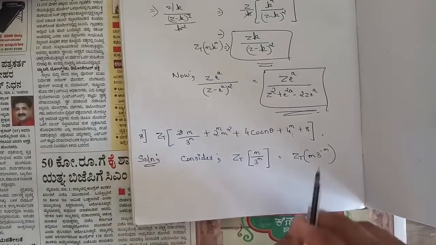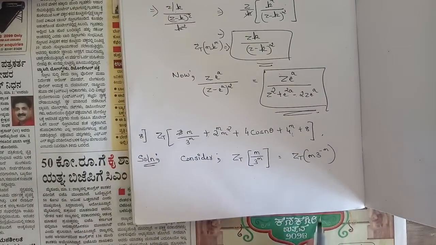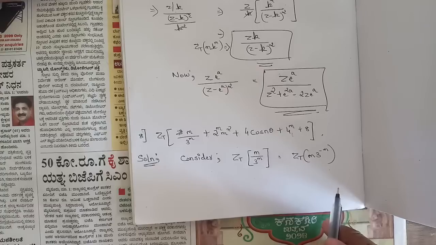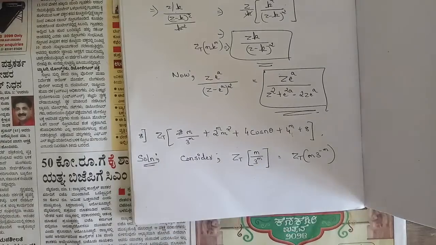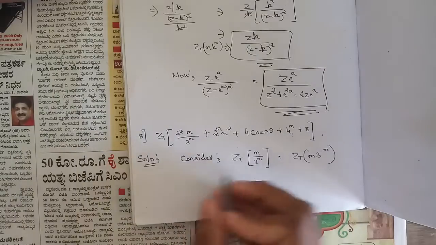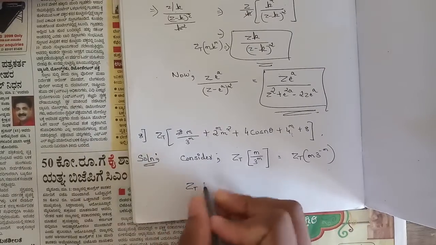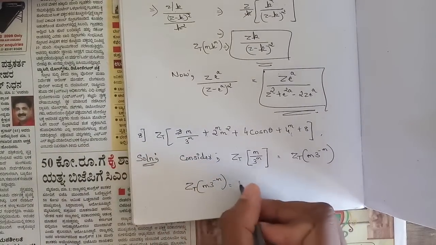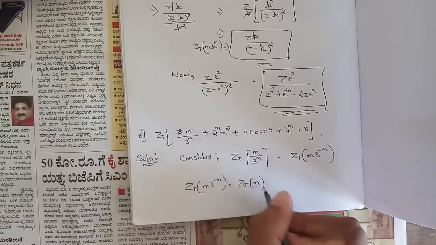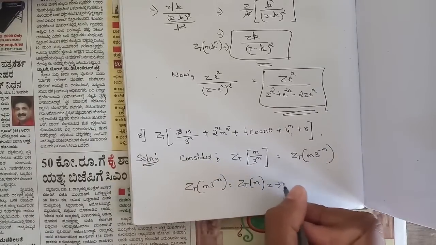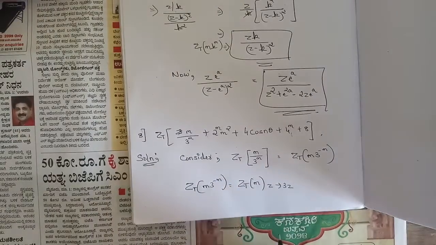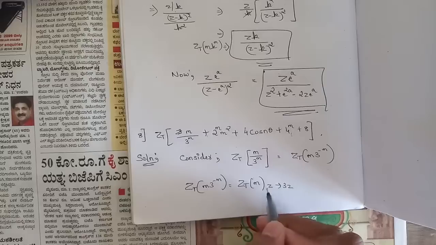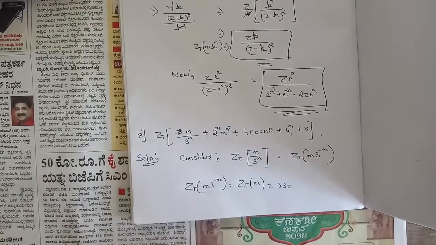So now we have a damping rule for this, that is Z transform of n into a power minus n. For that we have one rule, that is, let's use that. Z transform of n into 3 power minus n is equal to Z transform of n, where Z is replaced by 3Z. Here the value of a is 3, right? So we need to replace the value of Z by 3Z.